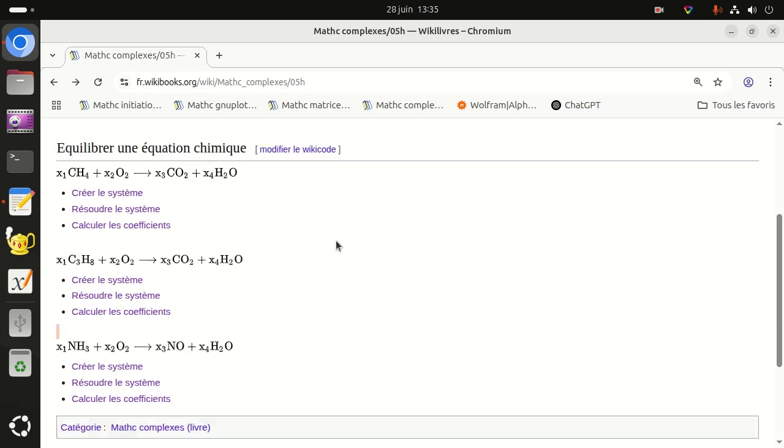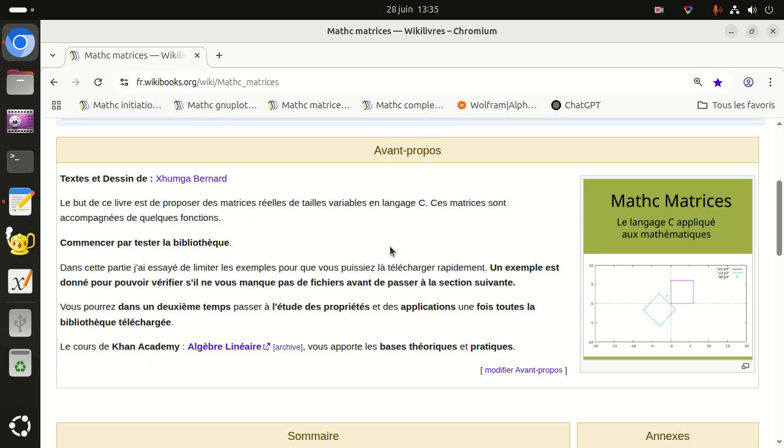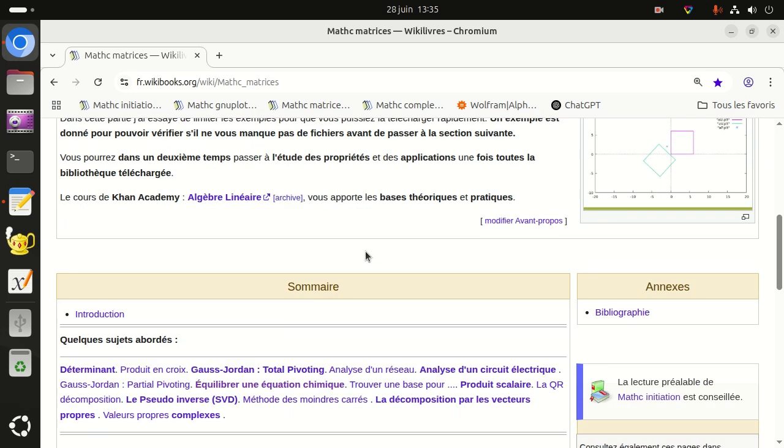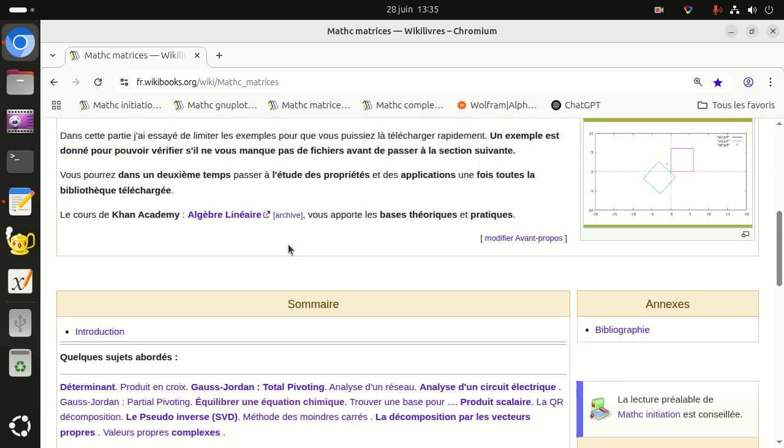Alors, I have tried to work with my linear algebra with complex values library. I have done the same work, but with my real linear algebra library.